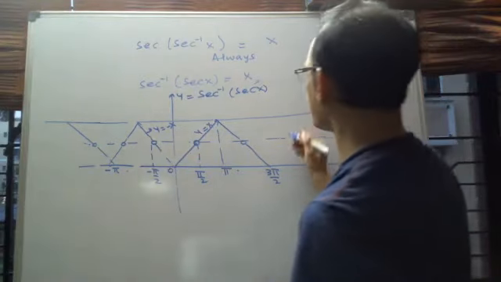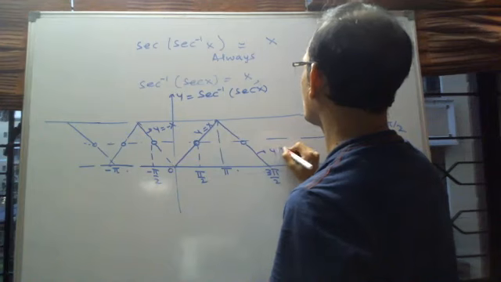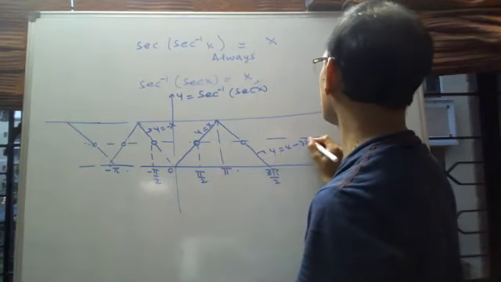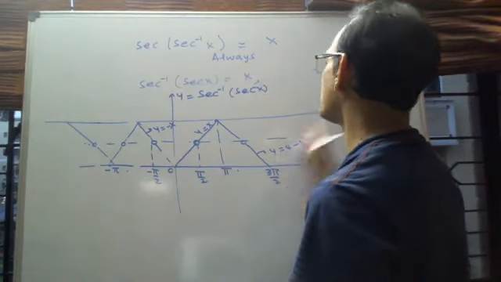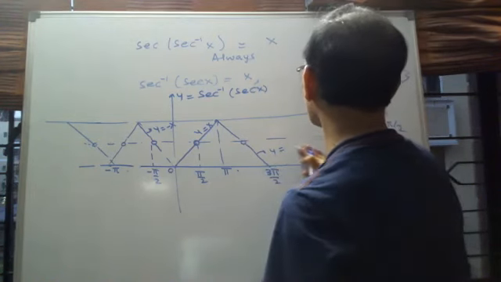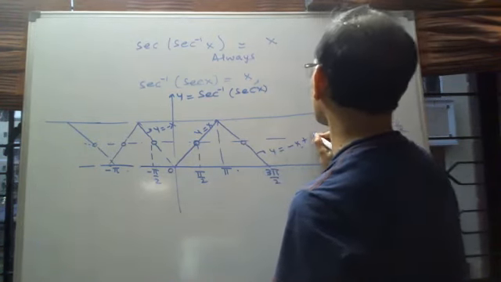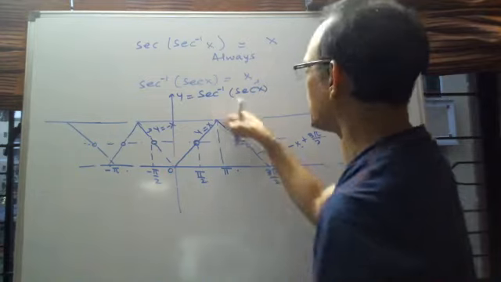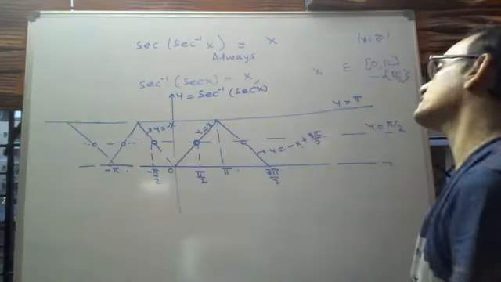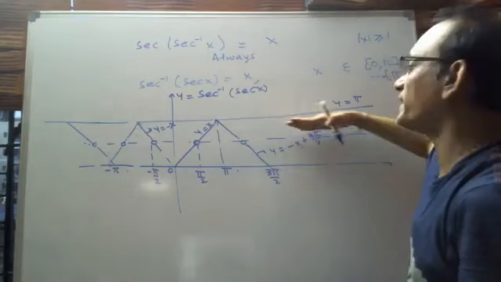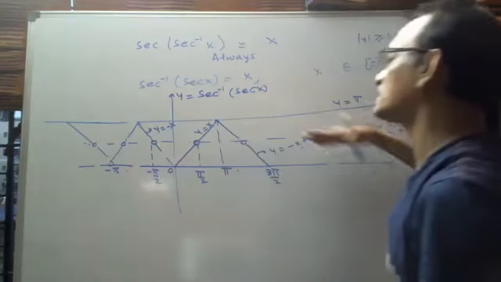This is y equal to x, and y equal to x minus 3 pi by 2. And at y equal to pi by 2 everywhere there is a break.